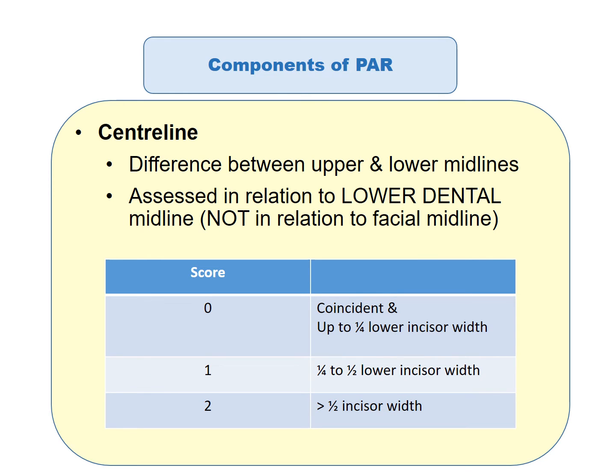Now, the center line is the difference between the upper and lower midlines, and it is assessed in relation to the lower dental midline and not in relation to the facial midline. The scores range from 0 to a maximum of 2.